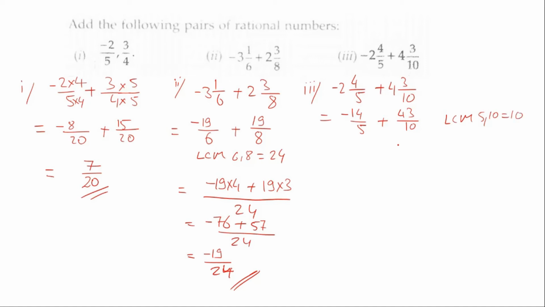It will be 10. So 5 2s are 10, 14 2s are 28. That means minus 28 and it will be 43. Now 43 minus 28 will be 15 by 10. Now this we can convert into standard form, like 5 3s are 15, 5 2s are 10. So our answer will be 3 by 2 or 1 whole 1 by 2.